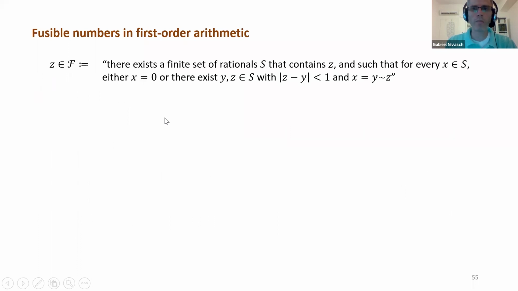Okay, so for example, in first order arithmetic, you can write a formula that says that the rational number z is fusible. You write it like this: there exists a finite set of rationals S that contains z, and such that for every x in this set, either it's 0 or there exist two other elements y and y' in the set whose difference in absolute value is at most 1, and such that x is y fused with y'.